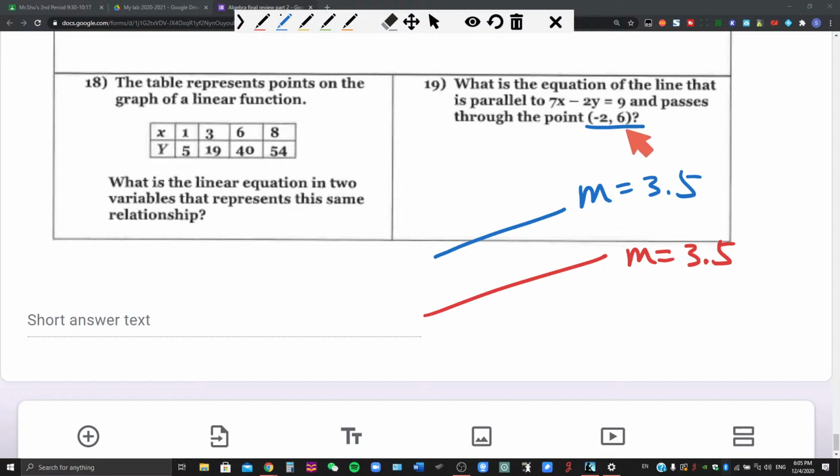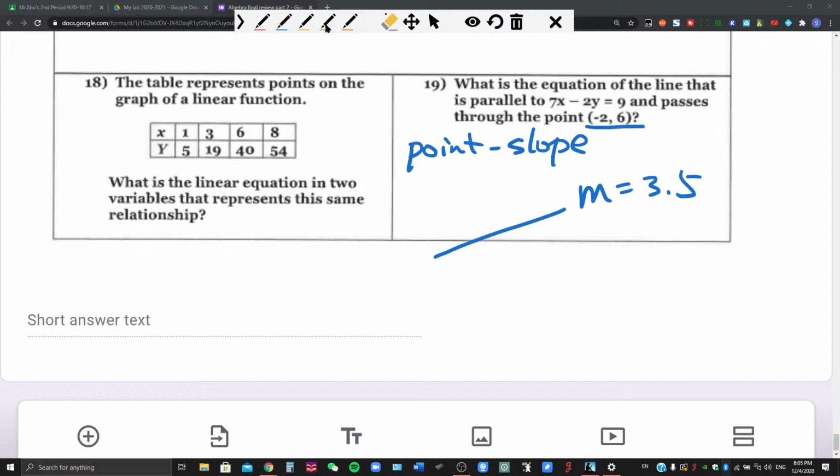We know the slope, and we know one point. What do we use? We will use the point slope formula. And that formula says y − y1.